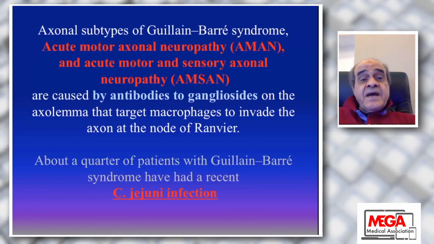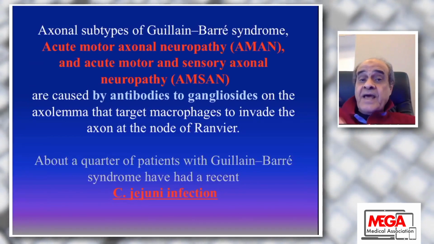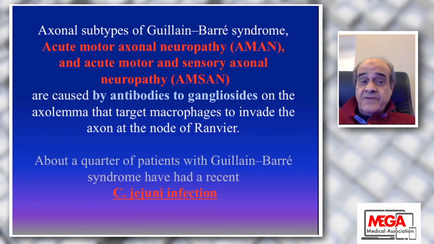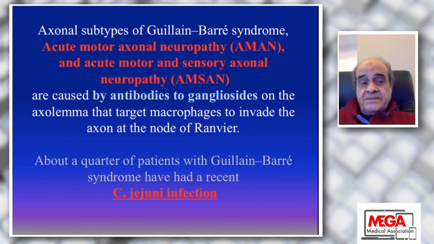Axonal subtypes of Guillain-Barré syndrome may manifest as pure acute motor axonal neuropathy, just the motor nerve affected, or acute motor and sensory axonal neuropathy.